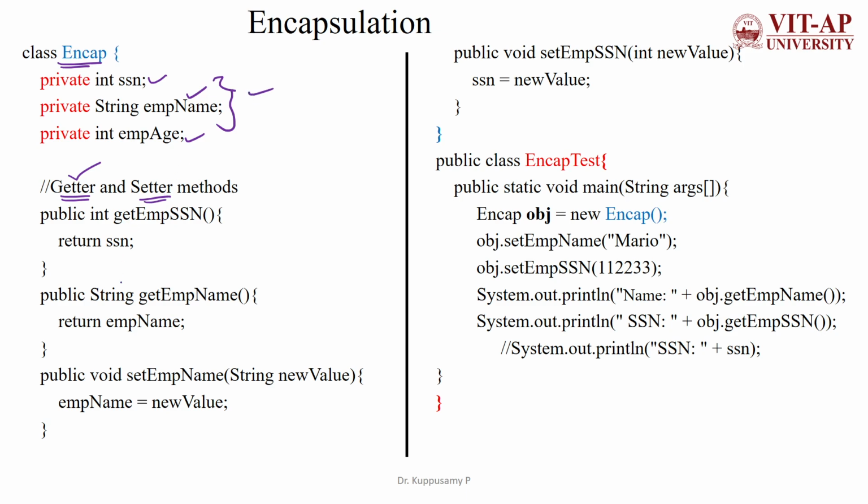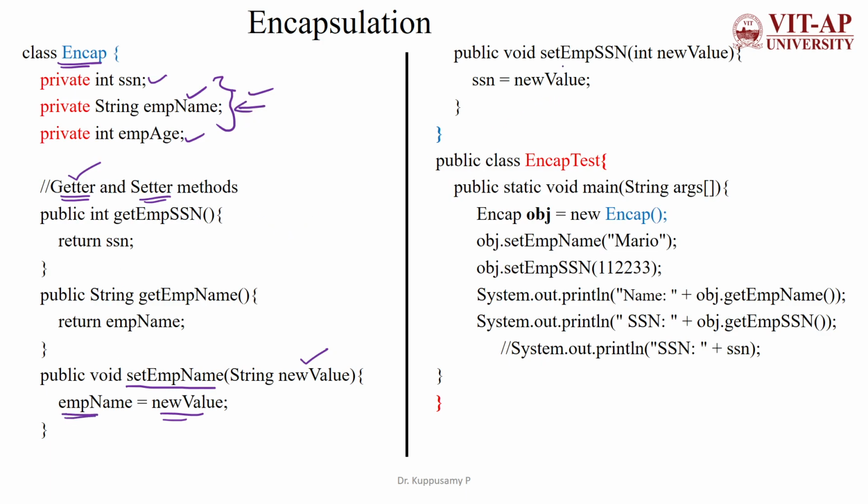Here the setter method for employee name takes a new value, a string new value, which is going to be assigned to emp name, and this is private.